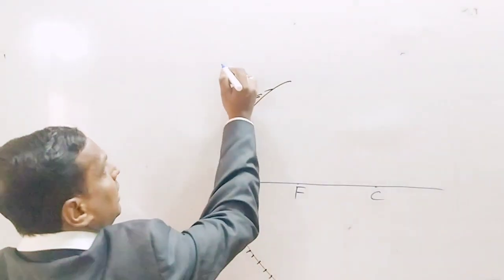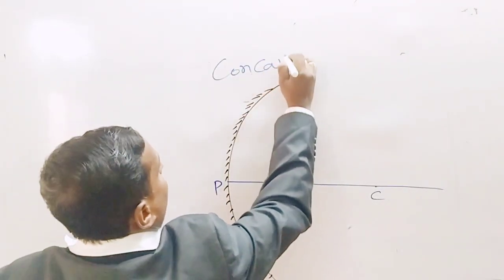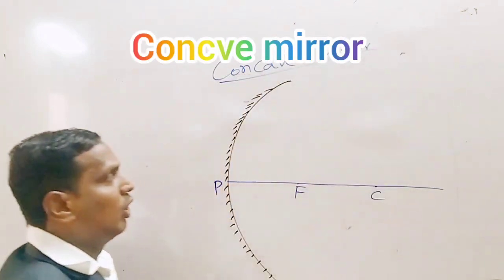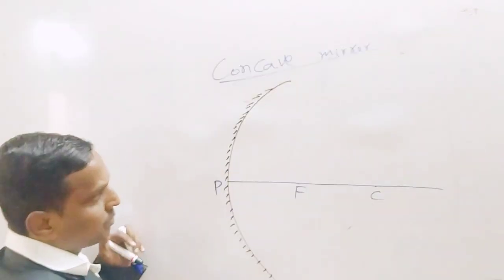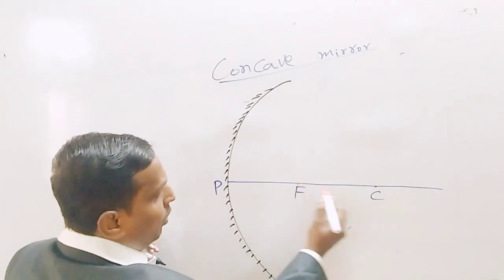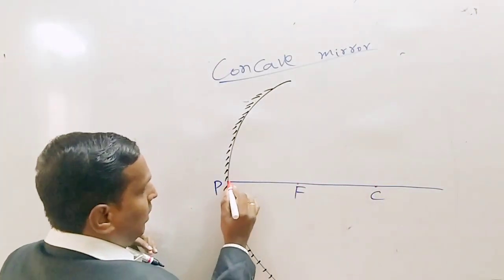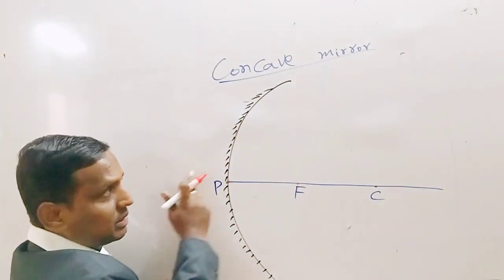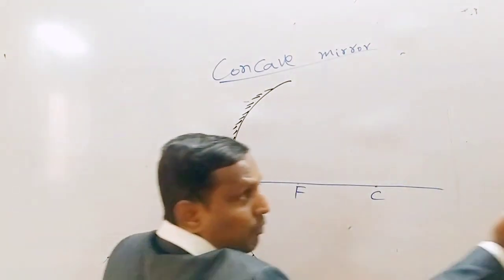So this is the concave mirror. You see here, this is the focus, center of curvature, and pole. Now this inner surface, outer surface, what does it act as? The reflecting surface.